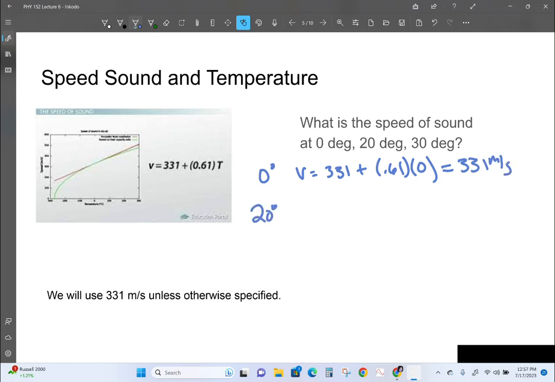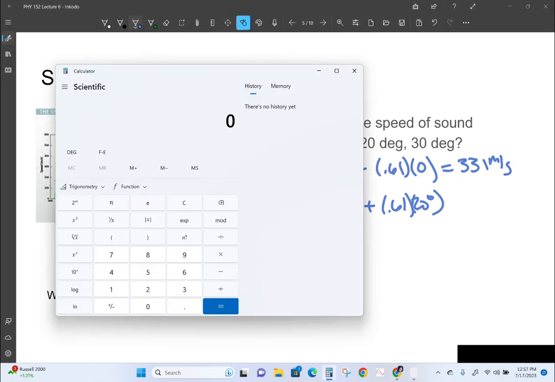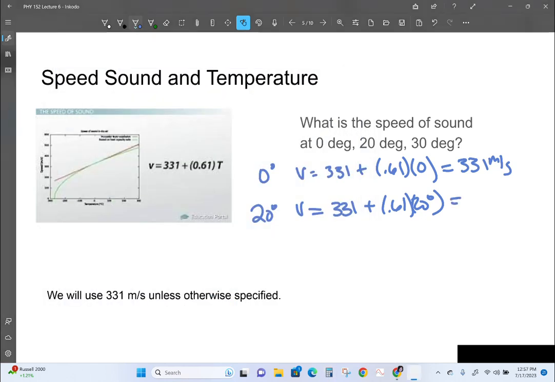At 20 degrees Celsius, that is room temperature, it would be 0.61 times 20 plus 331, which would give us 343. So the higher the temperature, the faster the speed of sound. We're going to use 331 unless you're given some other number.